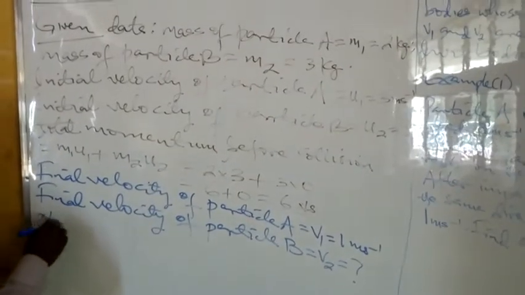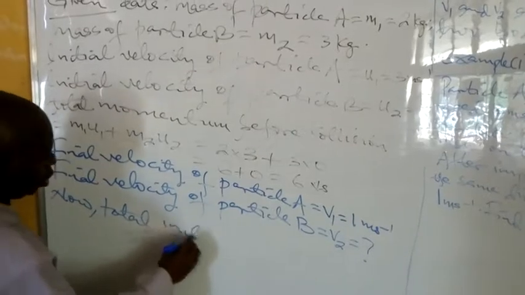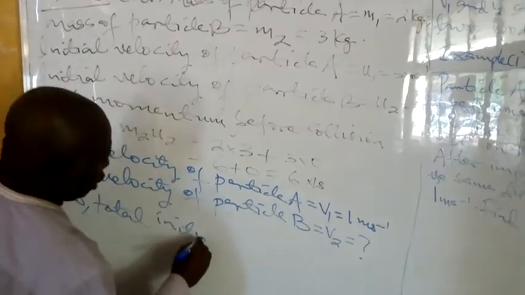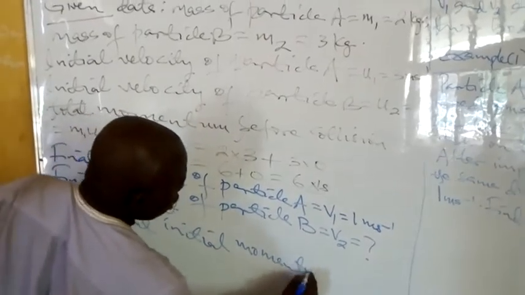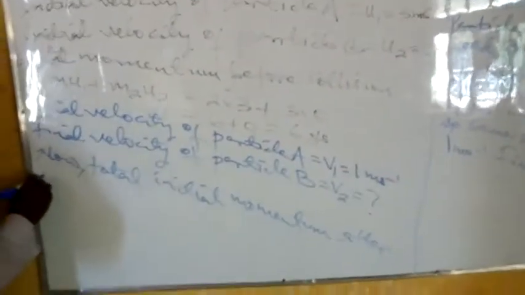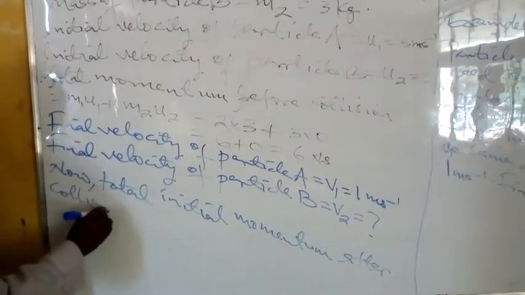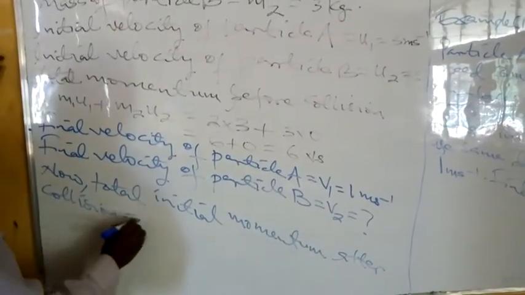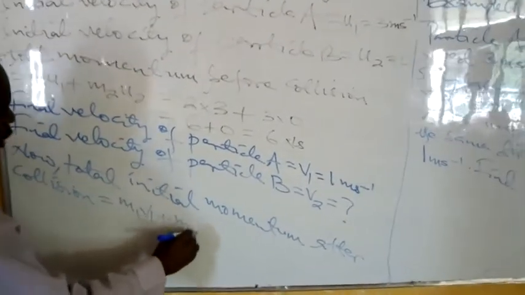Now, total momentum after impact, after collision, is equal to m1v1 plus m2v2.